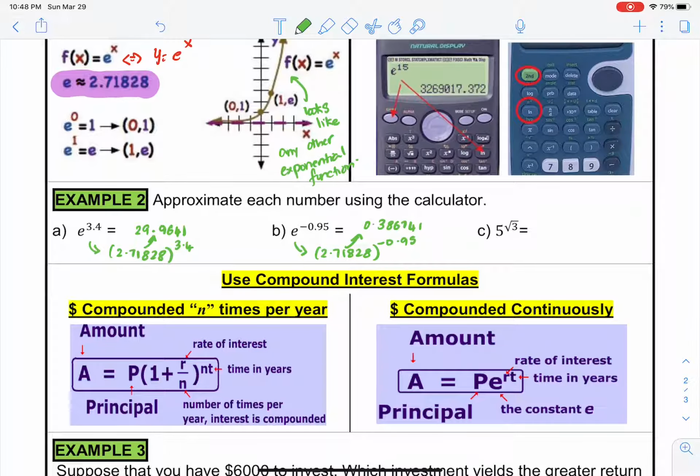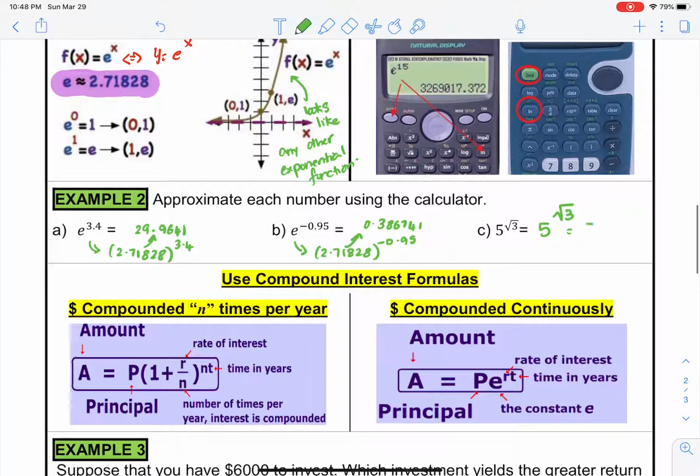And lastly, this is an exponential function, but we have 5 raised to the power of root 3, which is 5 raised to 1.732. Typically in a calculator, this is x raised y. Most calculators would have the button as x raised y.